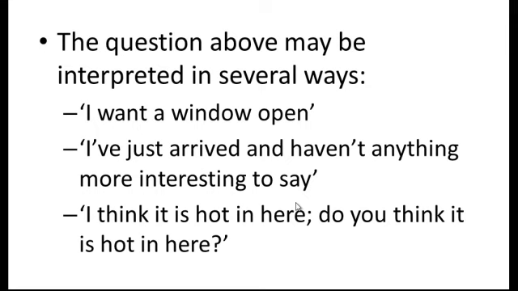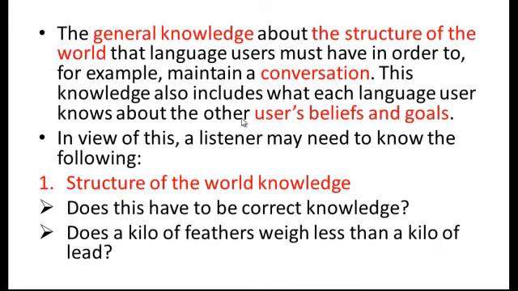When people don't have anything interesting to say, they may just utter something. And then the utterance may also mean that I think it is hot in here, or do you agree with me? Do you think it is also hot in here, the way I'm thinking or the way I'm seeing it? So that expression is also telling us that the meaning of a sentence may depend on the pragmatic knowledge. It may also depend on the context in which a particular sentence is uttered.